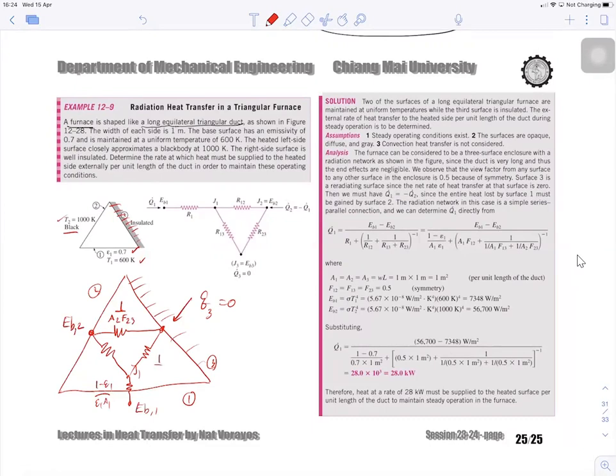Over here, 1 over A1 F13. Over here, 1 over A1 F12. See? Just reflect now.